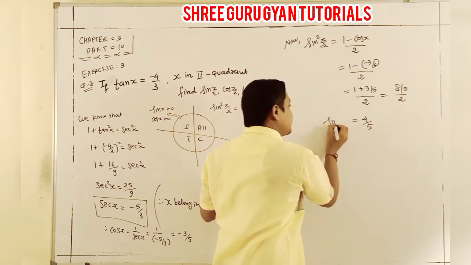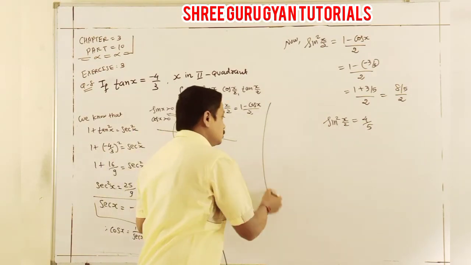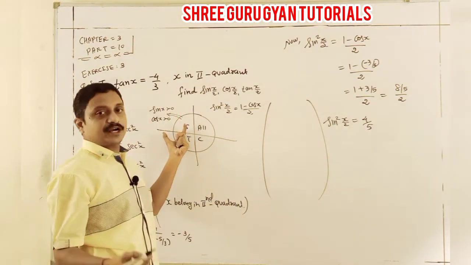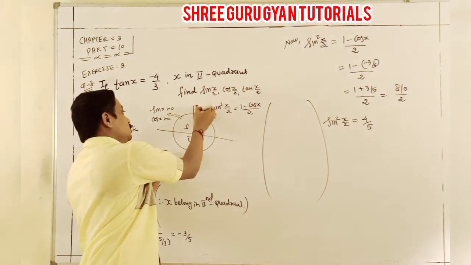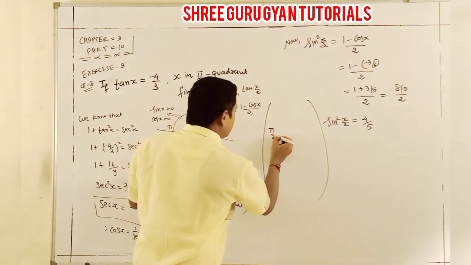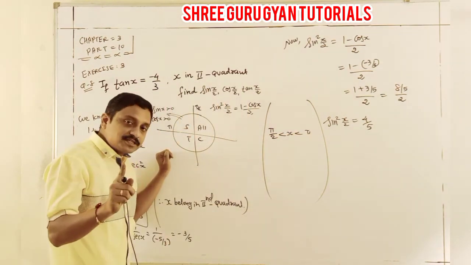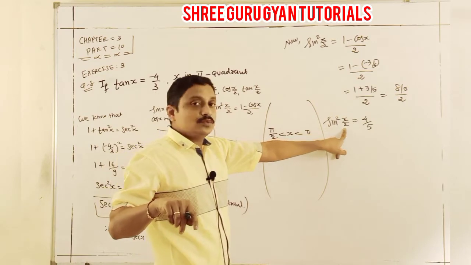But here, students, wait, this is the new part I explain to you today. Check in which quadrant: second. So x is between pi by 2 and pi, in the second quadrant, but I want x by 2.